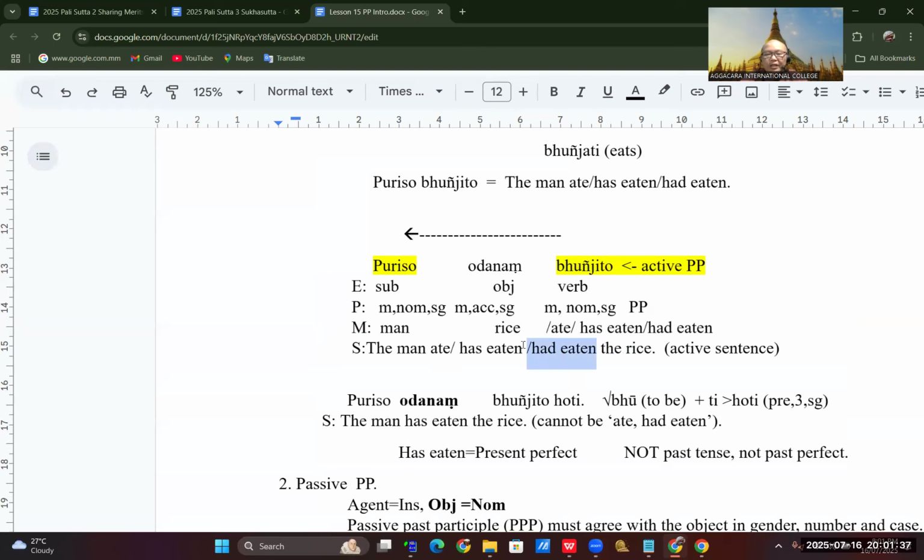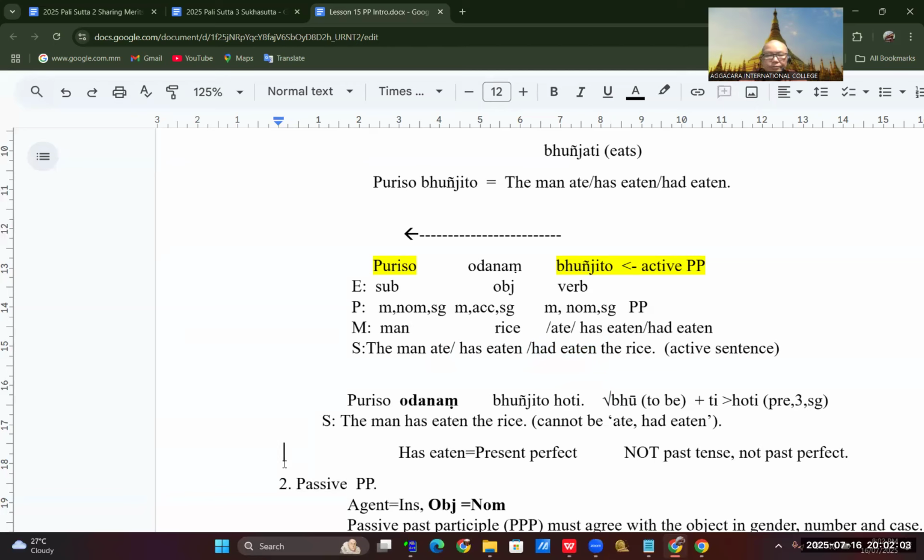But you can only take the middle one, has eaten. Okay, can you follow? Because hoti is a present tense. So you cannot put the past tense. You cannot put the past perfect had eaten. So you can only take the present perfect has eaten. Okay?